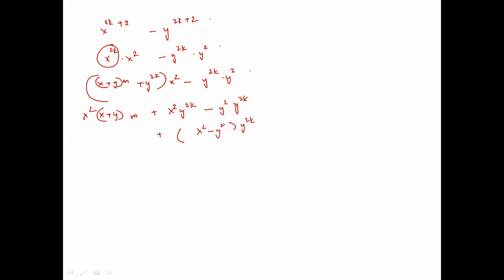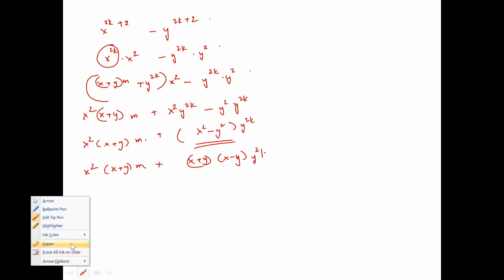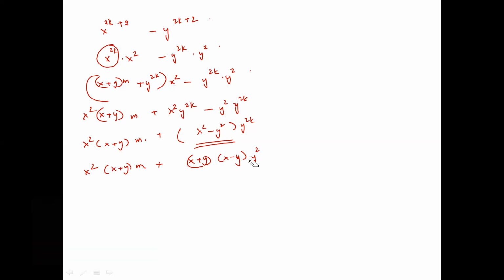The second part I am taking. The first part I will write the same, x plus y into x square m. Now x square minus y square I can write as x plus y into x minus y, into y power 2k. If I pull out x plus y common, then I will have m x square plus x minus y into y power 2k.